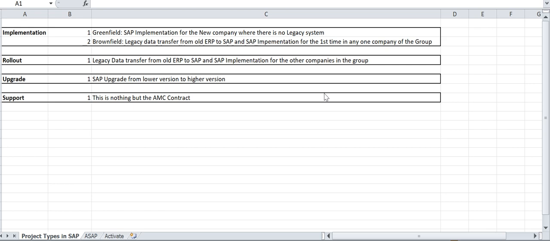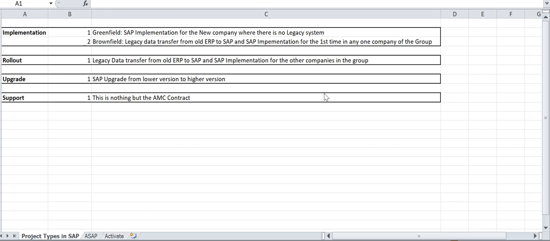Coming to the next type of project that we deal with in SAP, the upgrade project. In an upgrade project, like on our mobile, every year or every now and then we see that a newer version of our software comes, right? Similar is the case with SAP.